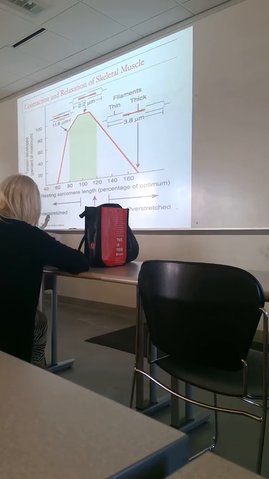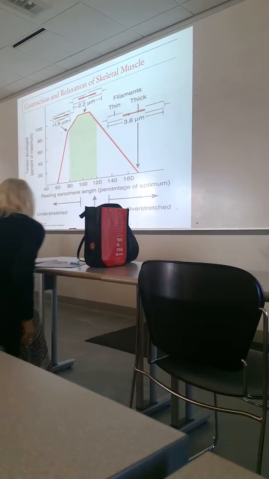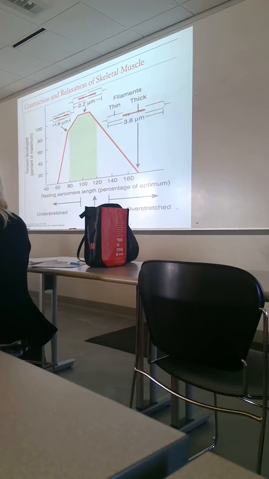That's called the overlap. They need to overlap, right? There has to be overlap. If there's no overlapping between actin and myosin, remember what I said? Myosin stays put. Myosin can't bend to reach out, and actin cannot stretch. So there has to be an overlap.